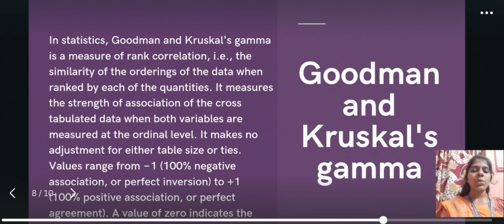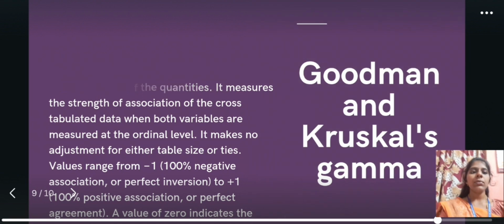It makes no adjustment for either table size or ties. Values range from -1, 100% negative association or perfect disagreement, to +1, 100% positive association or perfect agreement. A value of 0 indicates the absence of association.